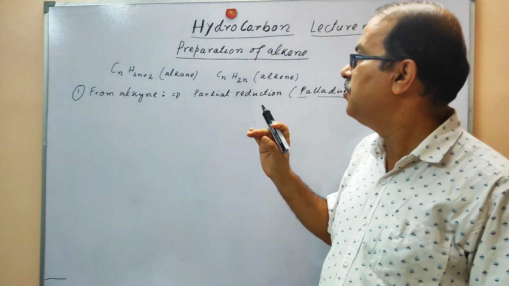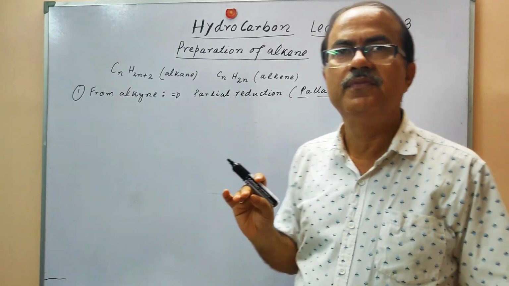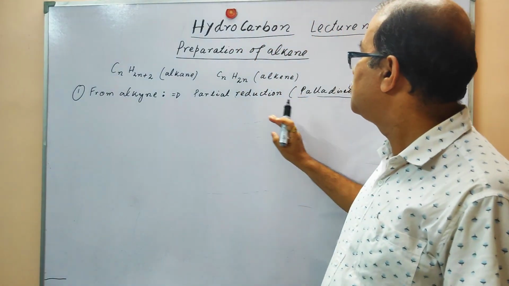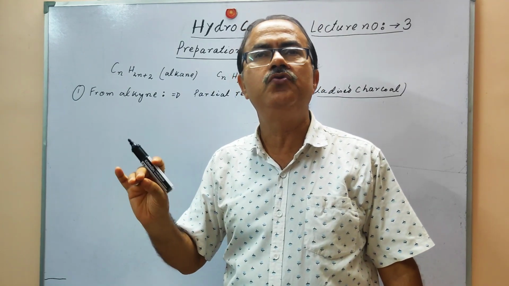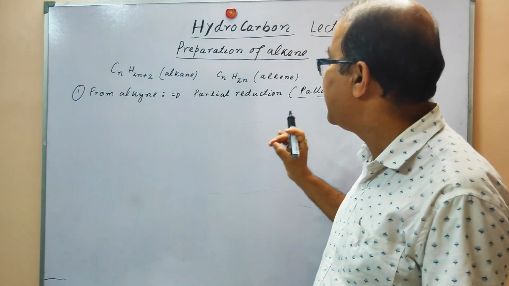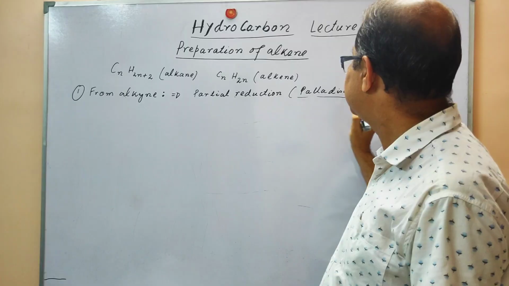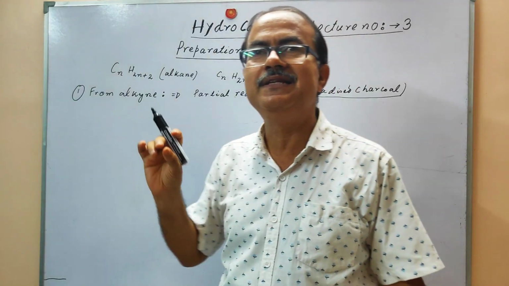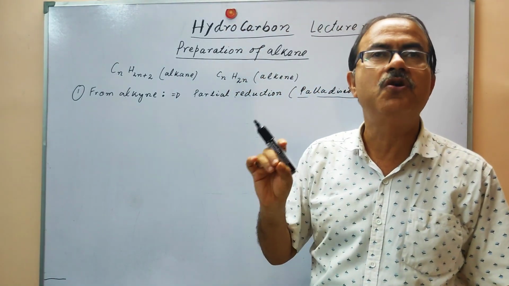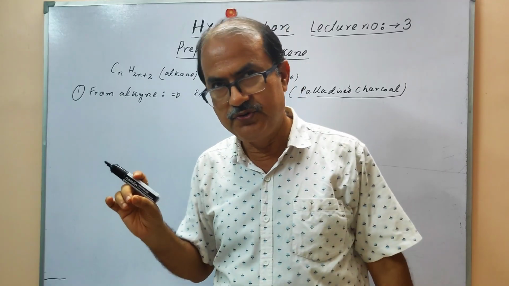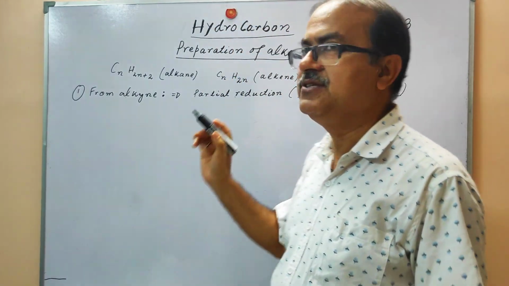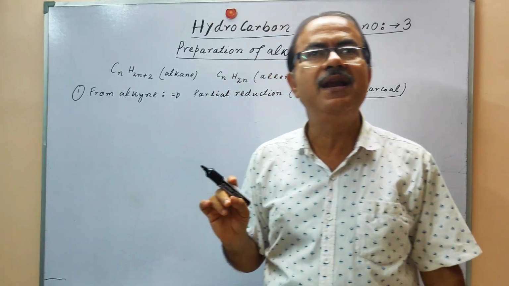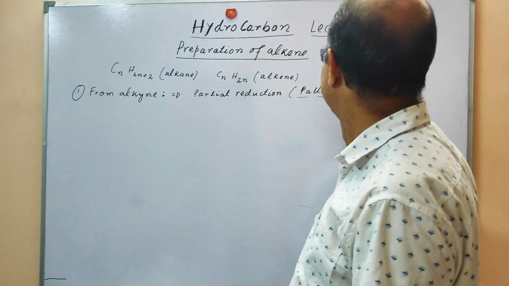Now we are going to discuss this reaction. So from partial reduction of the alkyne, we are able to prepare the alkene. The palladized charcoal is deactivated in presence of sulfur compound, and the name of this catalyst is Lindlar catalyst.